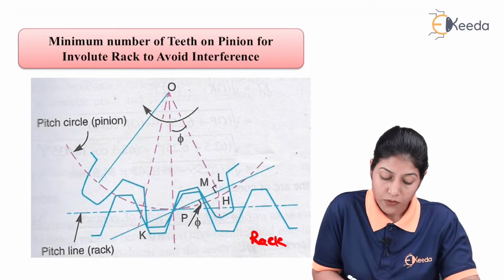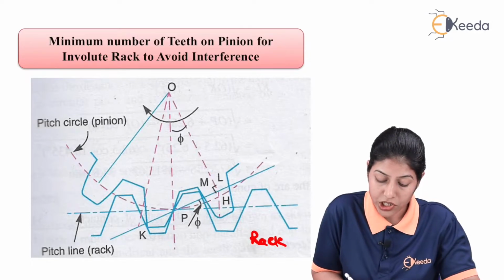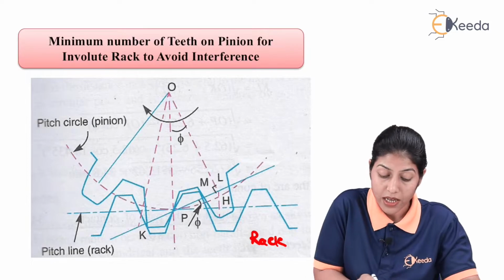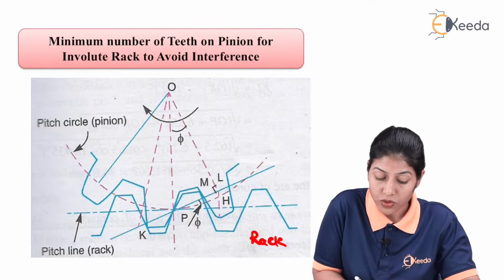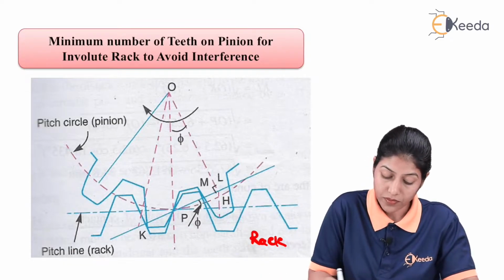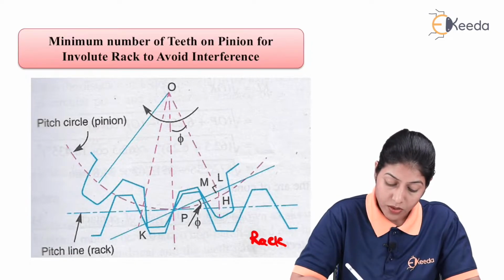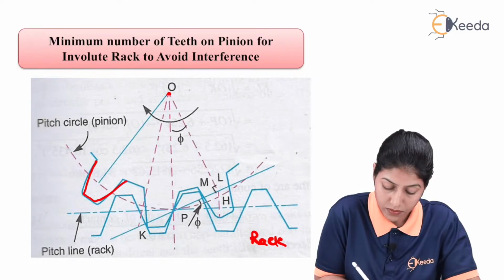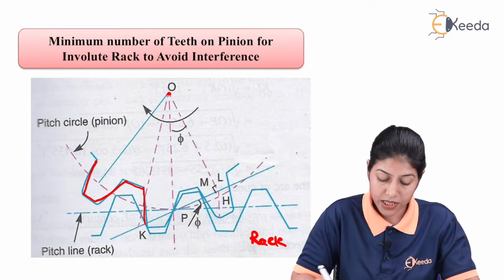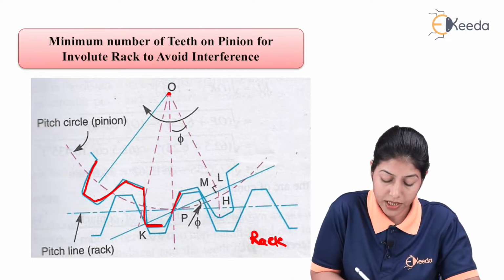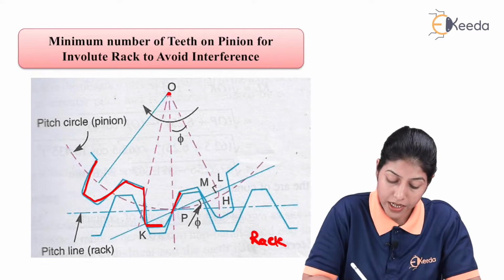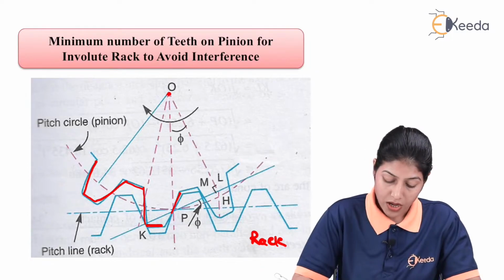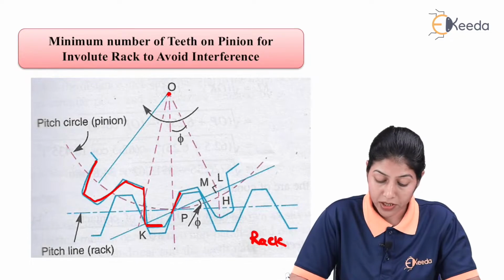So if this pinion is in meshing condition with the rack, how can we define the minimum number of teeth on the pinion which is in contact with an involute rack to avoid interference? Let's consider this pinion with center O. These teeth are representing the pinion, and the center of the pinion we are considering O. Now we define the pitch circle radius of the pinion.